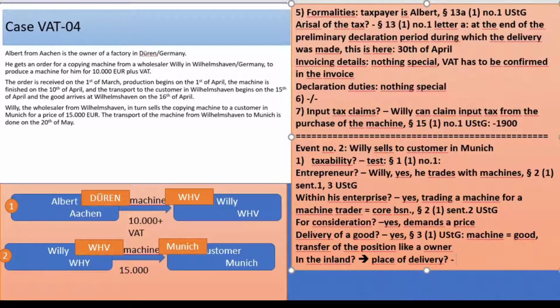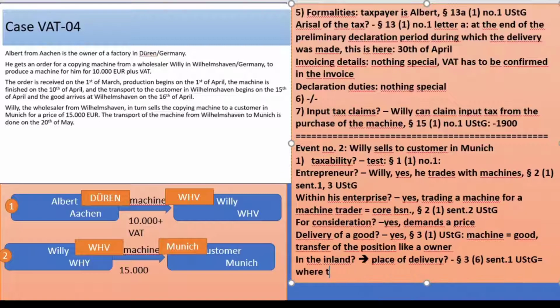We have a delivery where the good is moved, § 3.6 sentence 1 UStG, that is here, where the transport towards the customer begins. This is Wilhelmshaven, and this is in Germany.